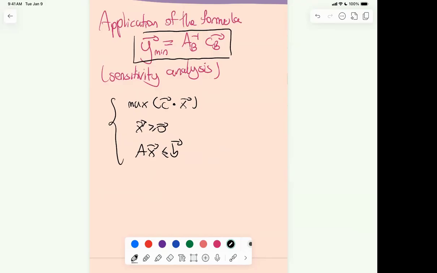In sensitivity analysis, imagine that in practice, what can these numbers refer to? They could refer to the prices of manufacturing some good, like the cost of certain items, like the aluminum or copper that goes into the production of something.